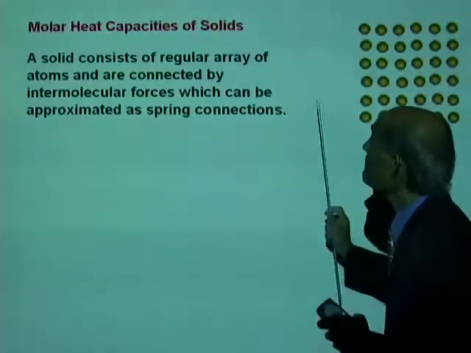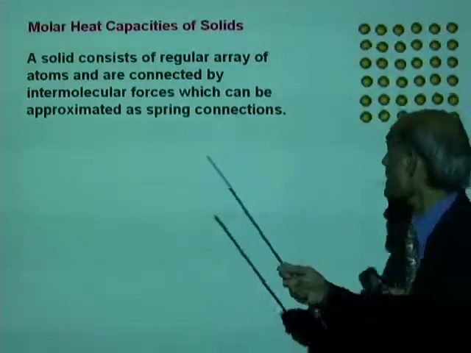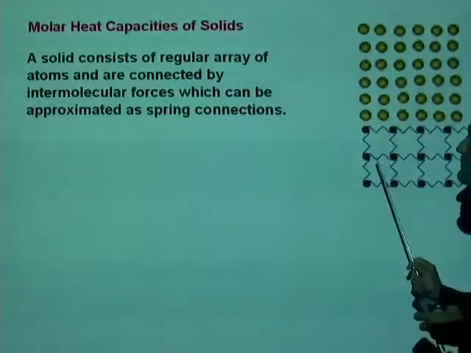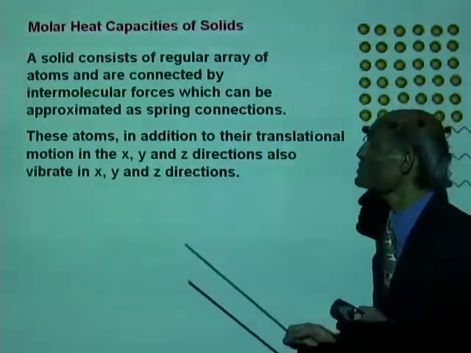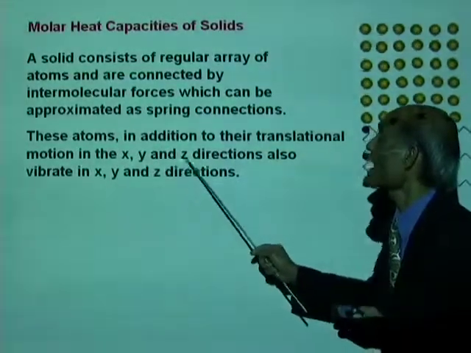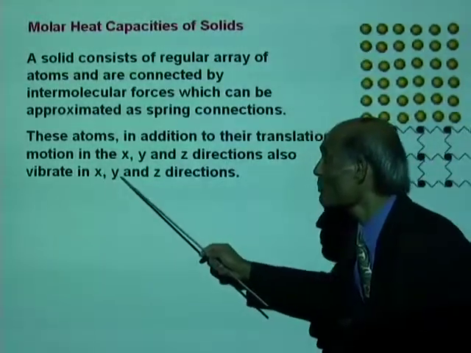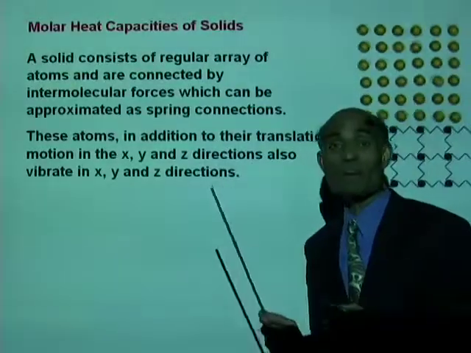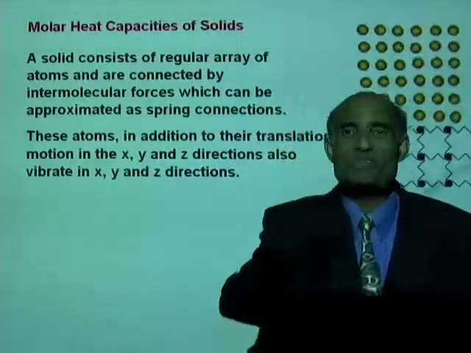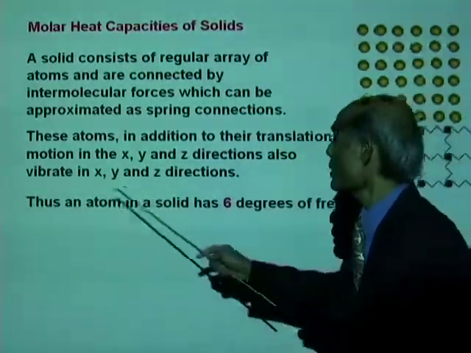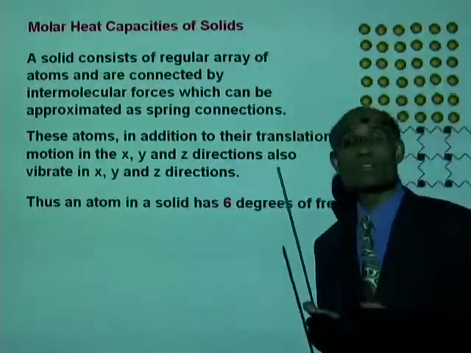That means they behave as though each molecule is connected to its neighbor by spring connections like this. Now, these atoms, in addition to their translational motion in the x, y, and z directions, also vibrate in x, y, and z directions. That means each atom in a solid has 6 degrees of freedom.